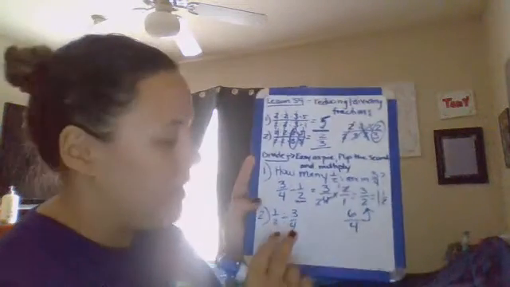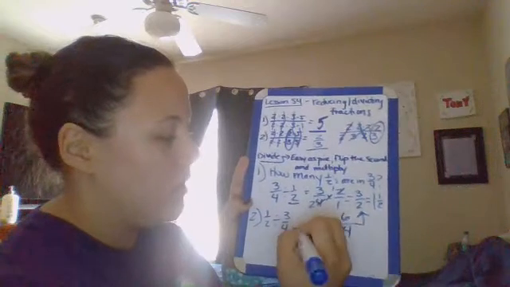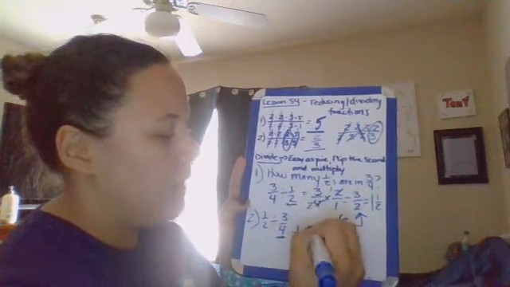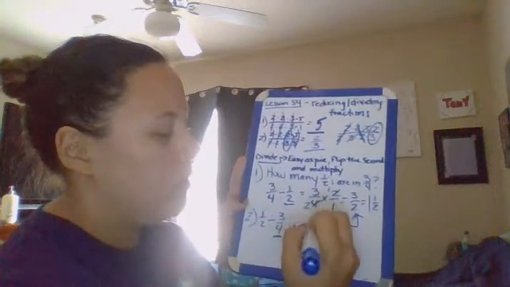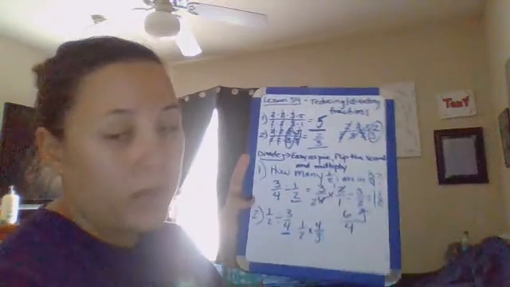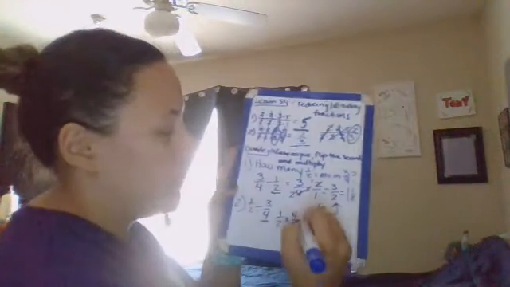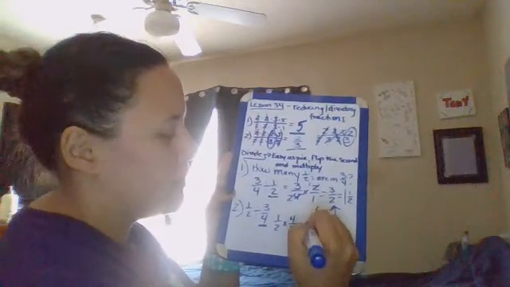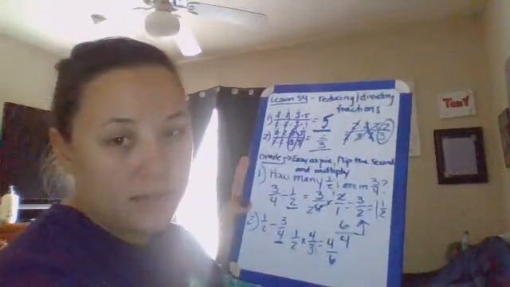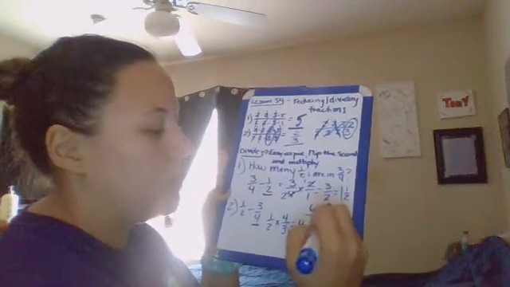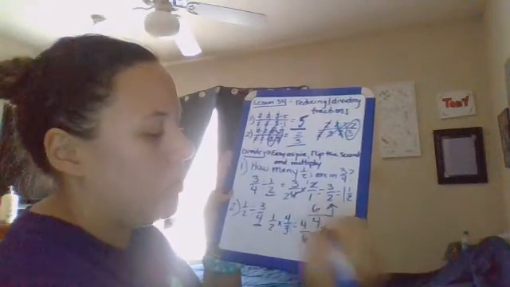So we flip the second, which is this one. So it becomes 1/2 times 4/3. If we don't reduce it there, we can go straight across, and it's going to be 4/6, and then we reduce that down to 2/3.